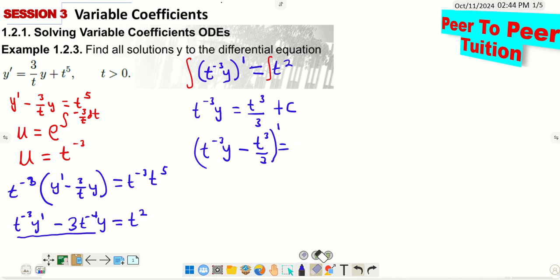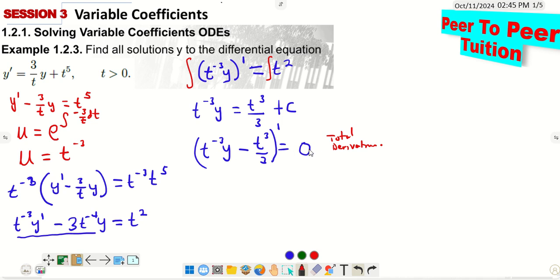So this will become 0 here. Now this is what we call the total derivative. This expression is what we call the total derivative. Total derivative is always equal to 0. Let's take note of that.